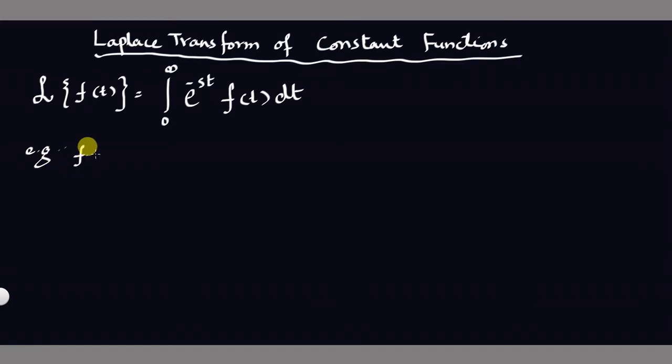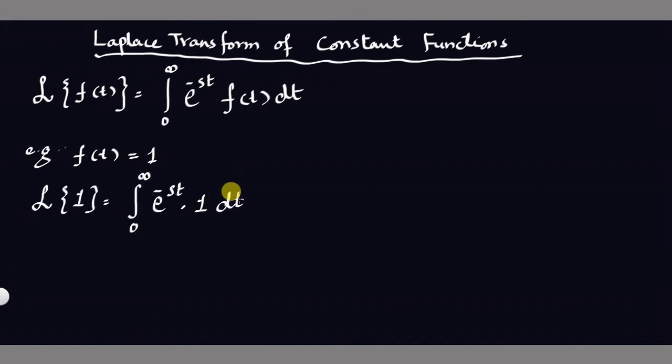If f of t is just the number 1, what will happen? Just insert this function into the definition and we have... now this is the only thing left and we have to solve this integral.